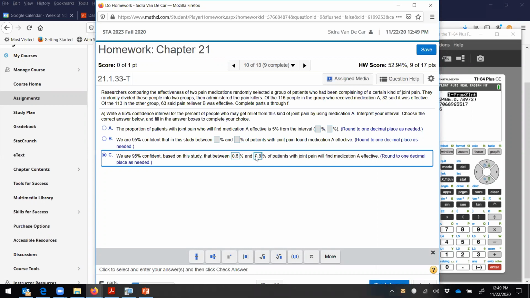Now, by the way, I'm not using this one because I know how many people in the study found it helpful. I'm trying to generalize to a larger population. So the wording is wrong in B because it's not about the study, right? And then this doesn't even make sense.